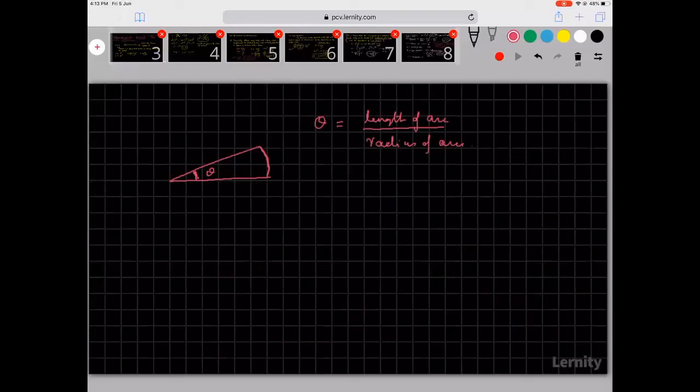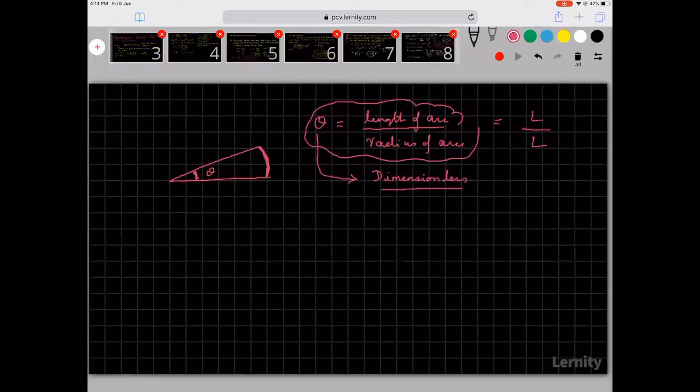So theta is equal to length of arc by radius of arc. Now, what is the unit of length of arc? Length. What is the unit of radius of arc? Length. So what will be the dimension of theta? It is dimensionless. So this is why angle is a dimensionless quantity.